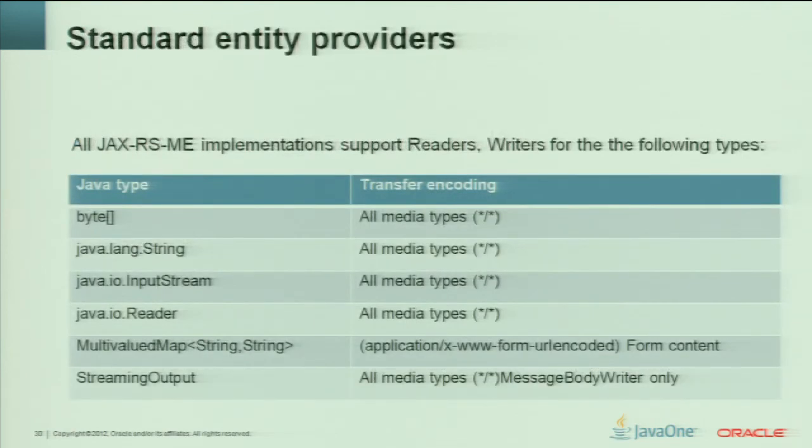We talked briefly about standard entity providers. So what comes out of the box? We have byte arrays that can be transfer encoded. We have strings, we have input streams, and we have readers. And then a couple of others, the multi-valued map and the streaming output, with a couple of constraints.